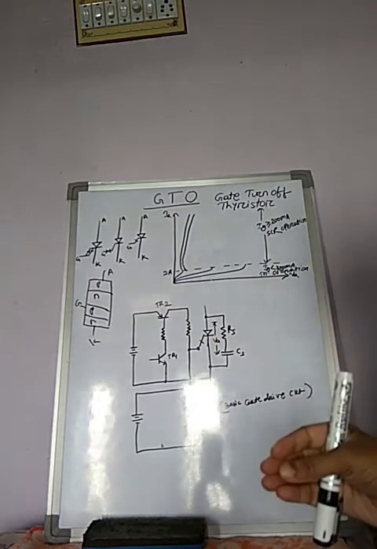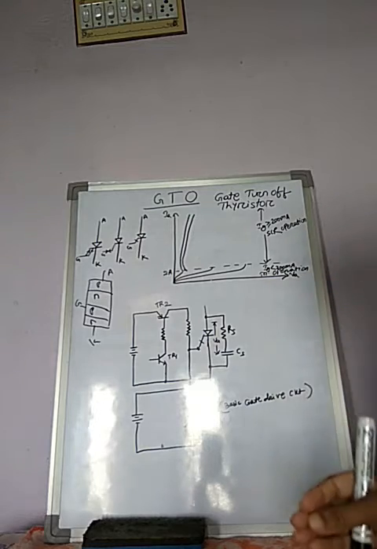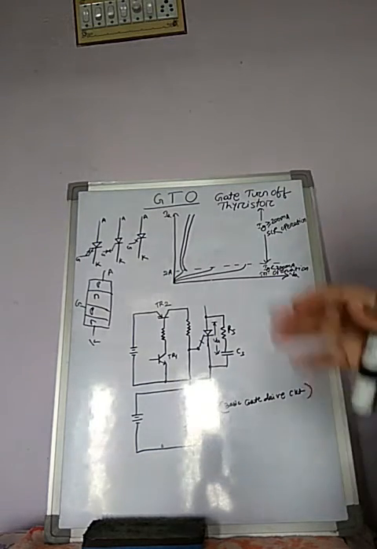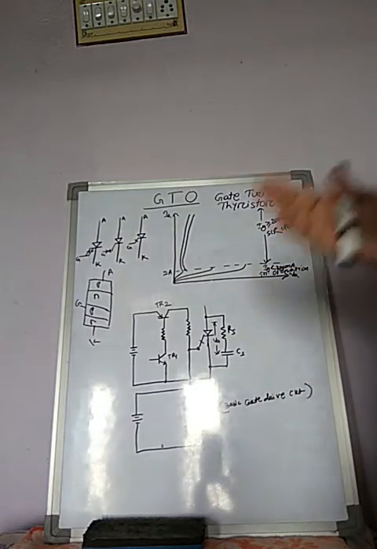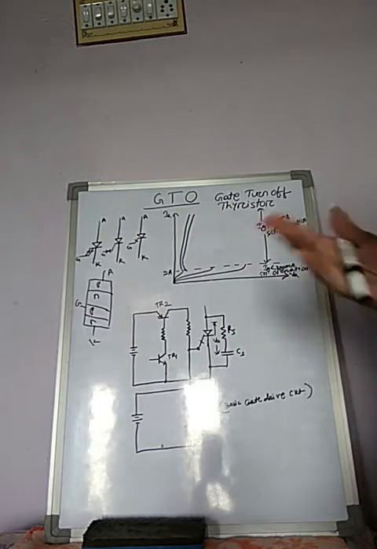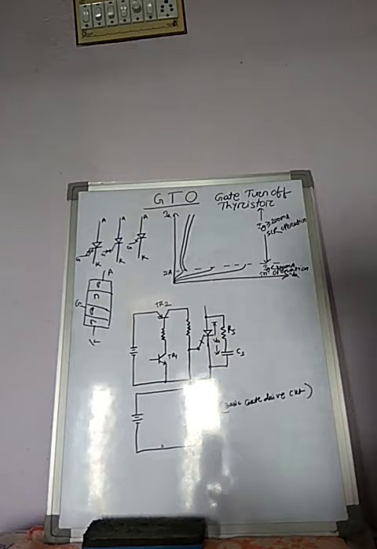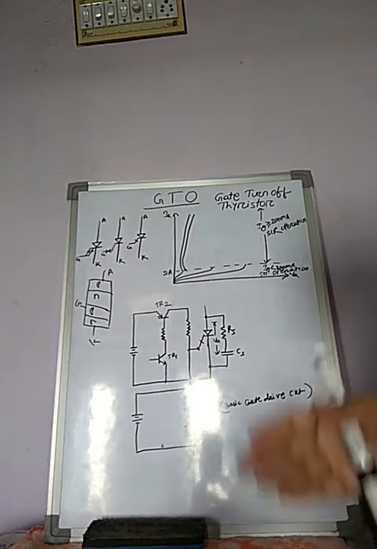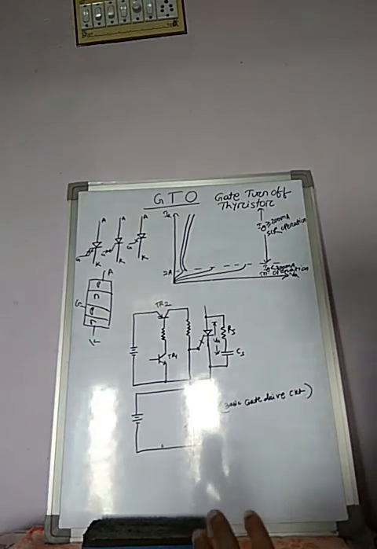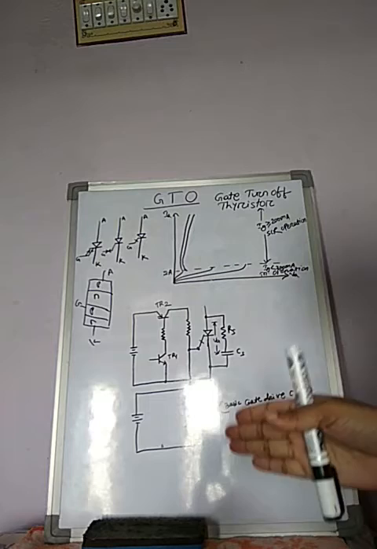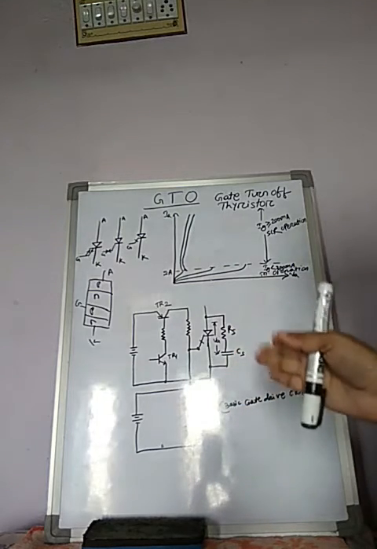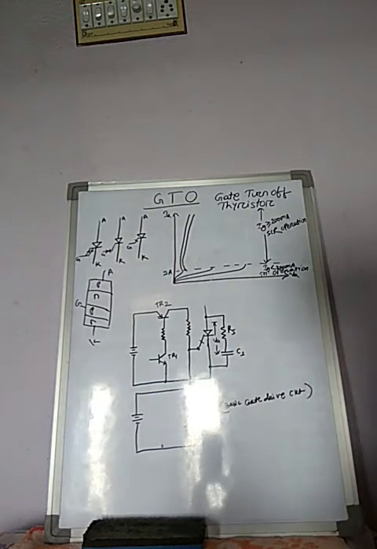Commutation means a turn off mechanism, which we will study in a later chapter. There are various types of commutation: line commutation, forced commutation, natural commutation. So in inverter and chopper circuits, a thyristor is turned off by the forced commutation process.